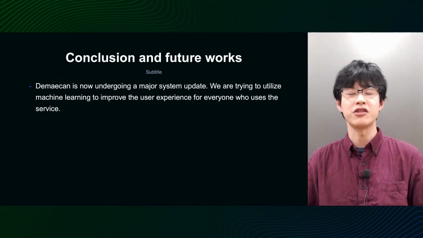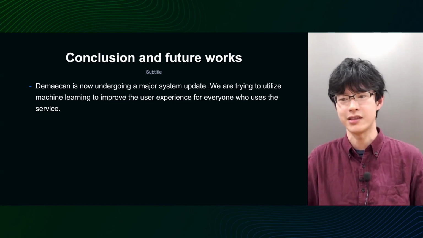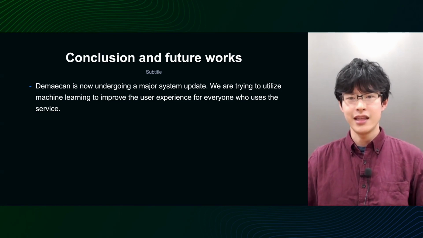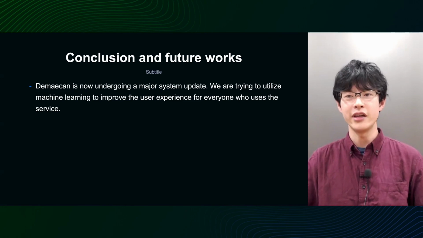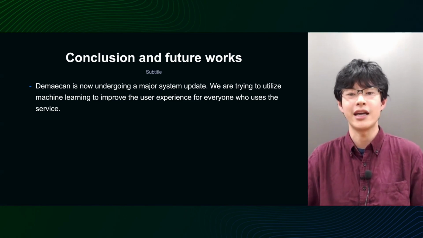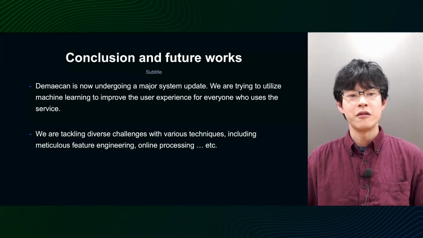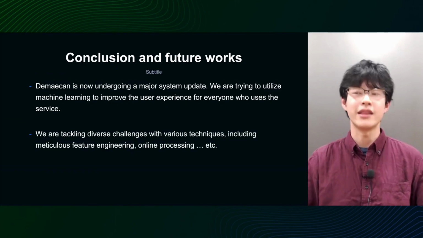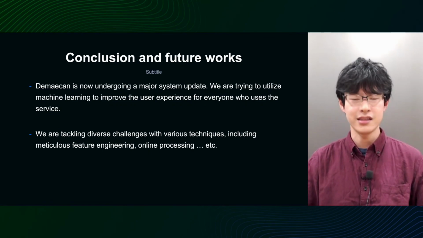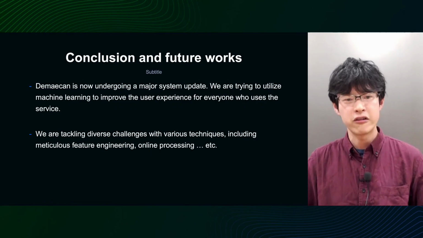At Demaecan, the company is currently undergoing a large-scale system renovation to revamp its service. In the process of renovating the system, they are using machine learning to improve the service experience for all users at the delivery center. In the food delivery business, the orders, merchants, and drivers interact in a variety of ways.